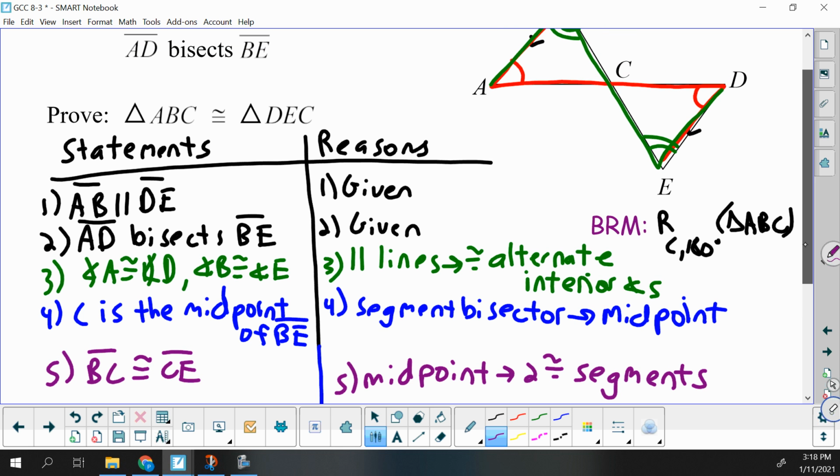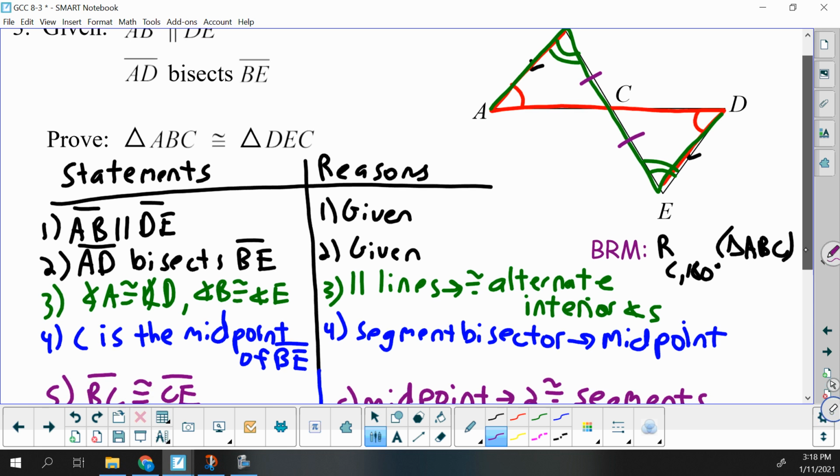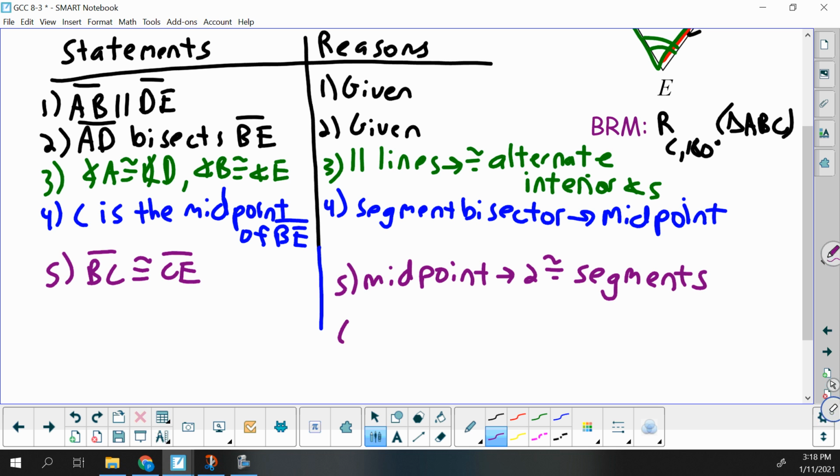We set it in our proof so we can mark it up in our picture. Well, notice now we have a side and two angles, and the side is not between the two angles. When the side's not between the two angles, that's angle, angle, side, congruent to angle, angle, side.